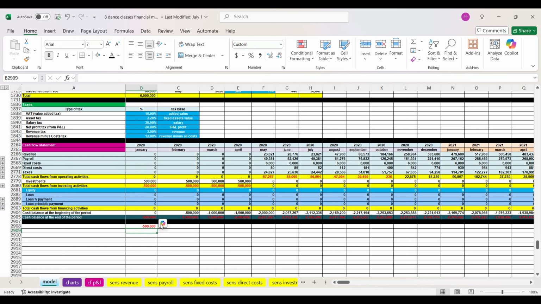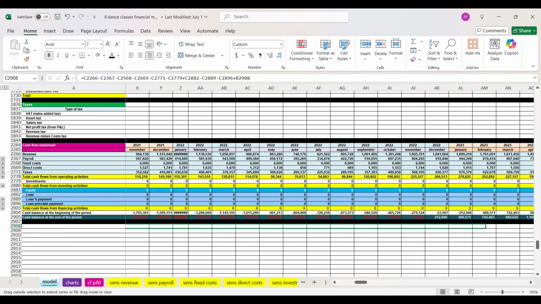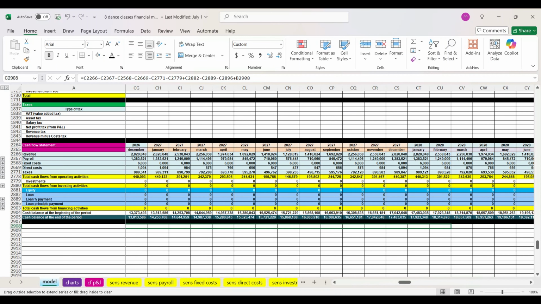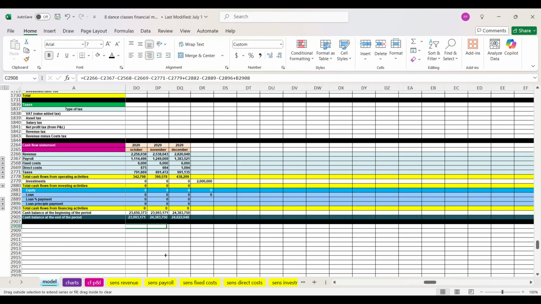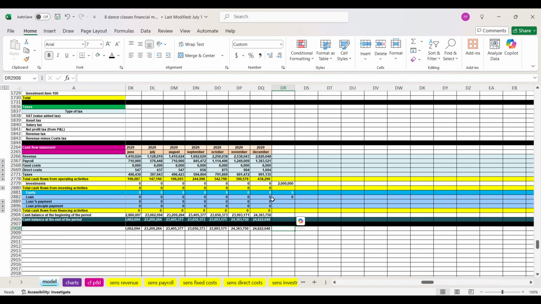Then we're pressing enter. What we're doing next, we are extrapolating this formula to the right and we are making it cumulative. So we're adding the value of this formula for the previous month, and now we're extrapolating this formula to the right, to the whole of our timeline. So now we're done with that.